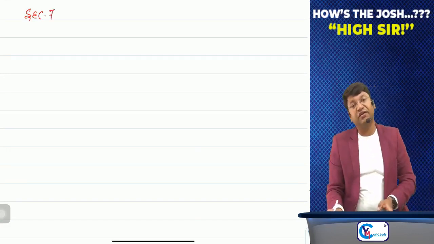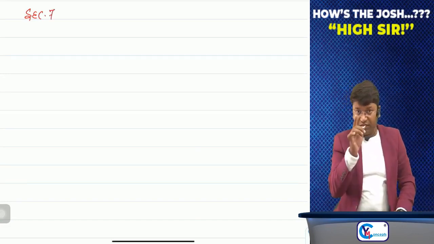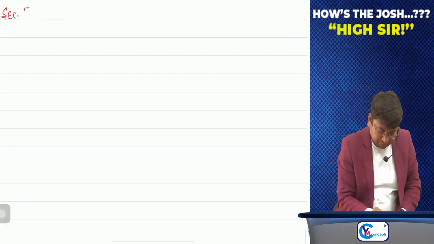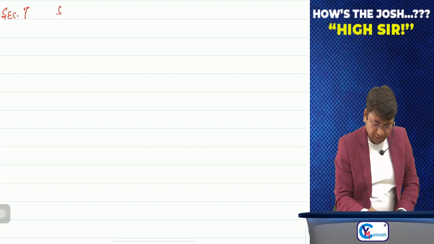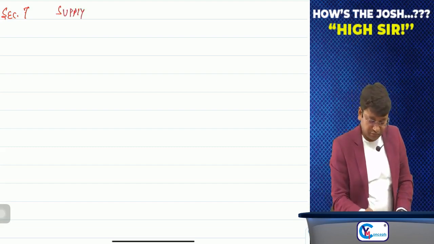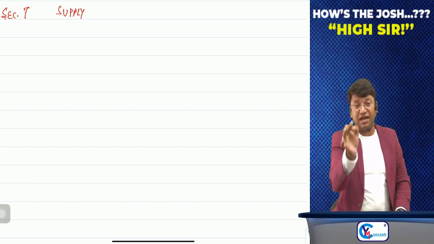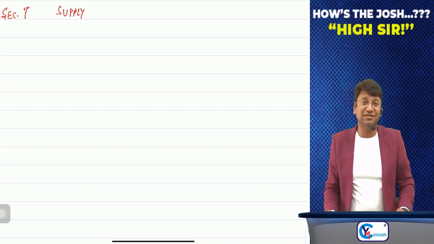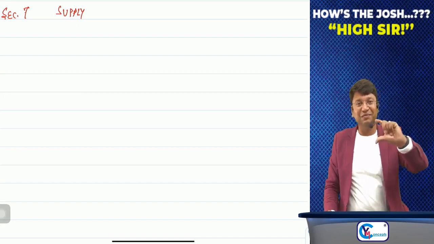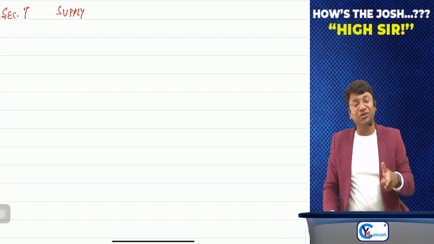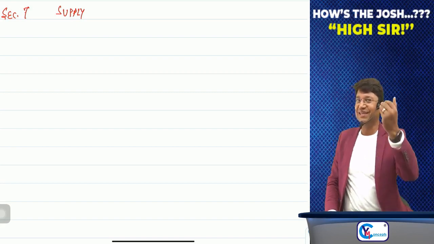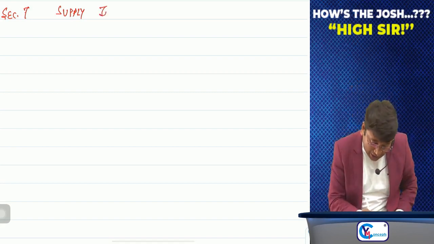Sir, the most important term under the entire GST is supply, because on the basis of this definition, it will be decided whether GST will be levied on this transaction or not. So hold your heart and focus here only.